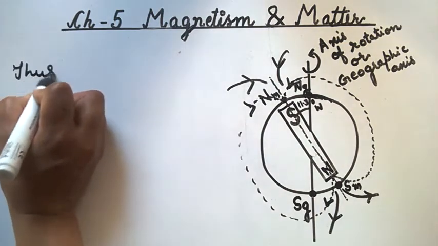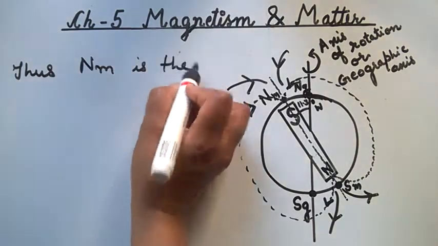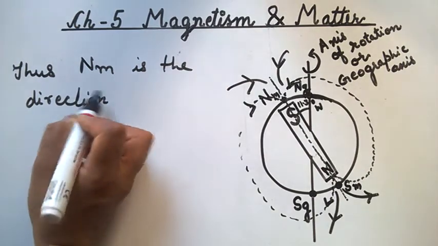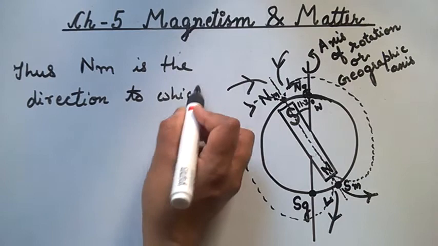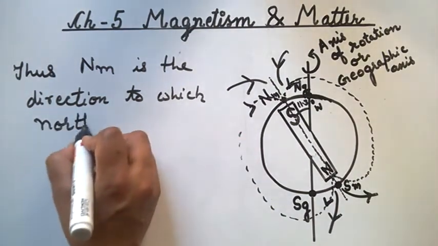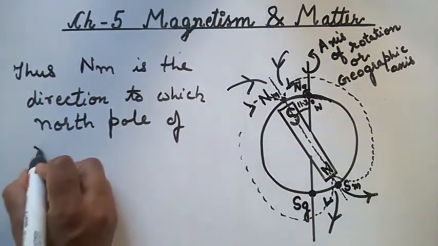Thus, magnetic north is the direction to which North Pole of magnetic needle is pointed.